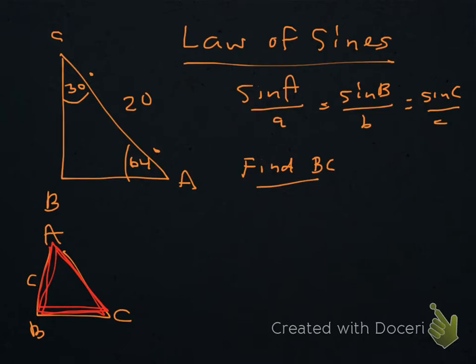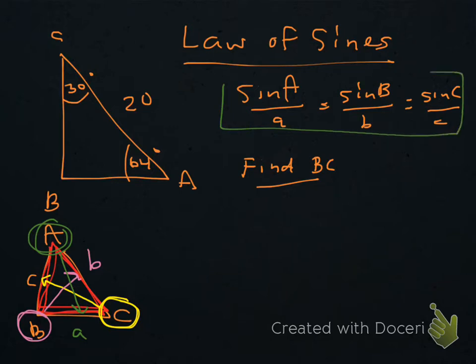So if we look at our triangle where the letter C, big C angle, is opposite little c side, and big B angle is opposite little b side, and big A angle is opposite little a side, then we can use this equation here.